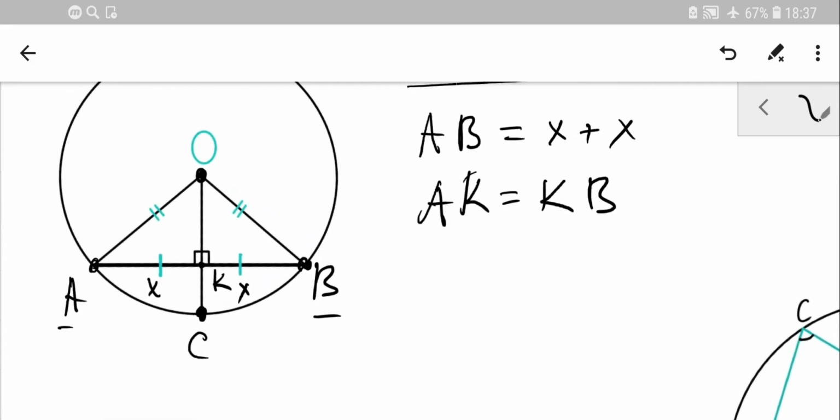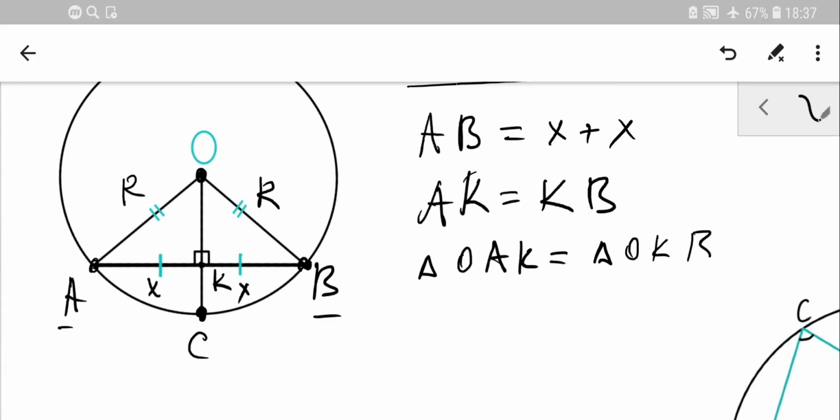Basically, if you connect any point on the circle, let's say A, to the point O, which is the center, we'll have the radius of the circle, and also no matter which point you take, like B, it will also be a radius. So next part, because we have 2 right angle triangles, triangle OAK will be equal to triangle OKB.